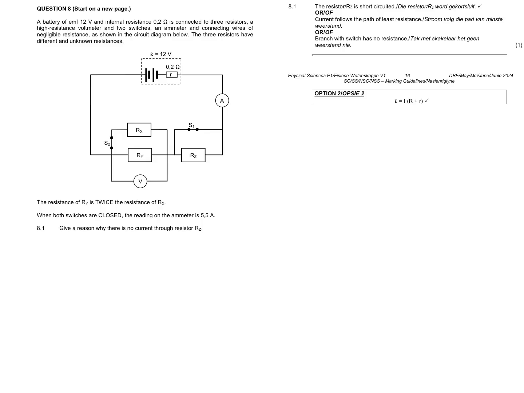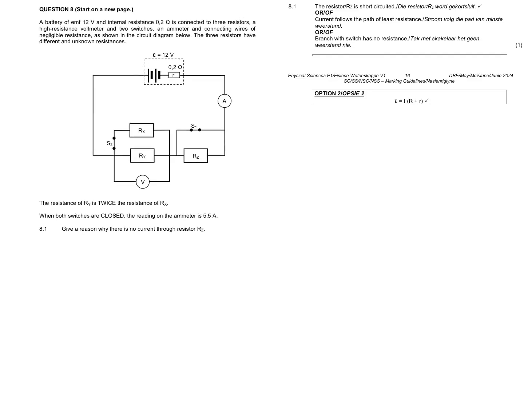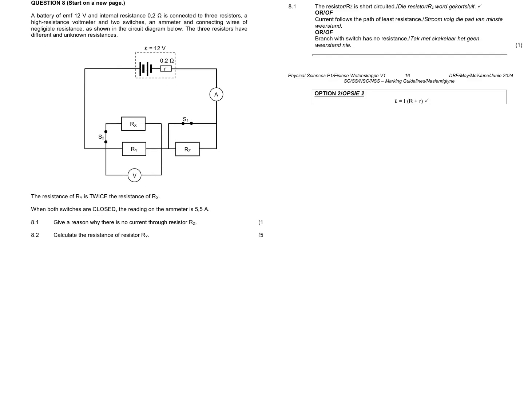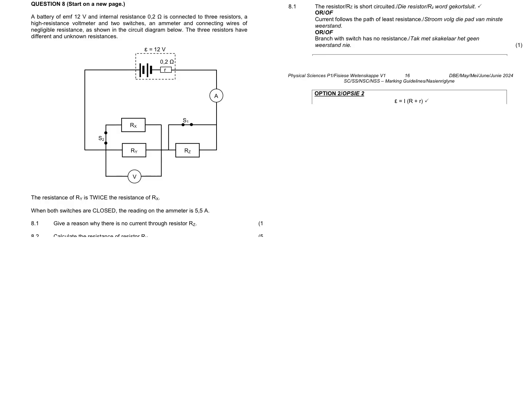If we can just check our numbers quickly, the story says that the EMF is 12 and the internal resistance is 0.2. Both of those numbers are on the question. And then here it says when both switches are closed, the ammeter reading is 5.5. So this is 5.5 amperes when both switches are closed.